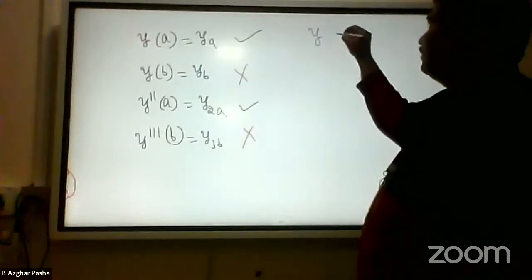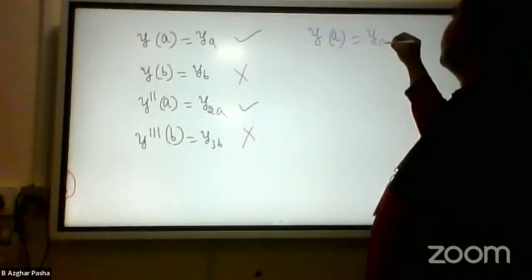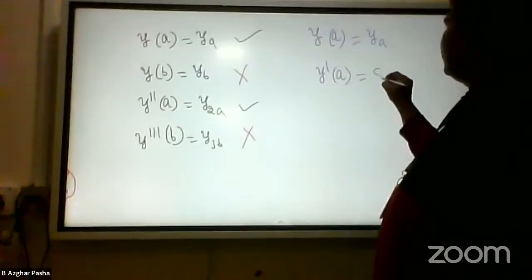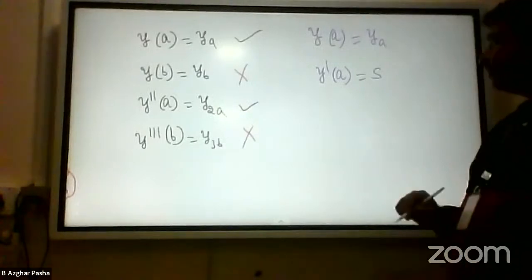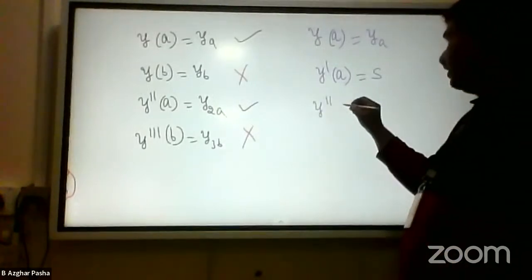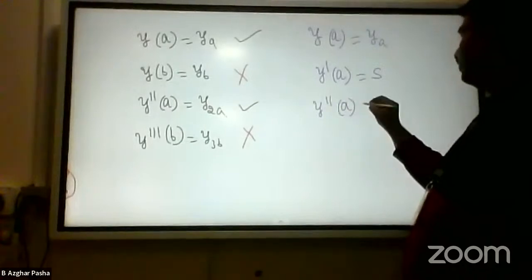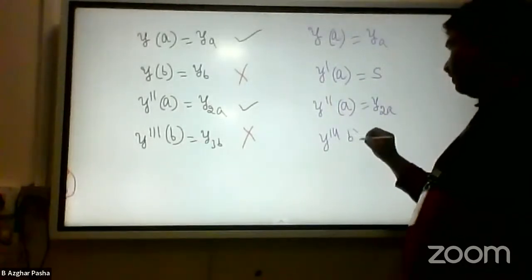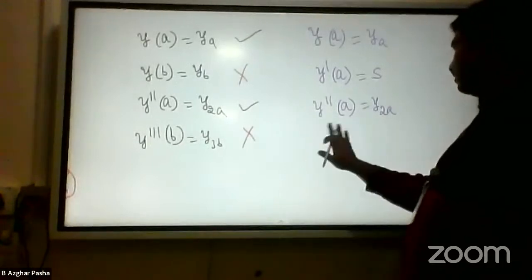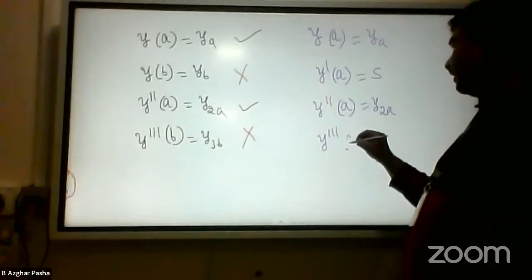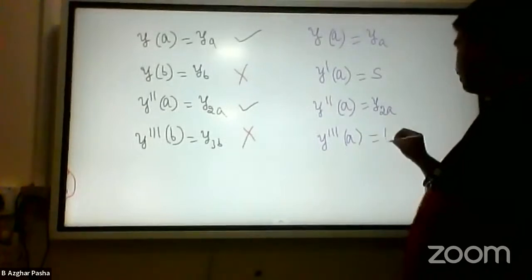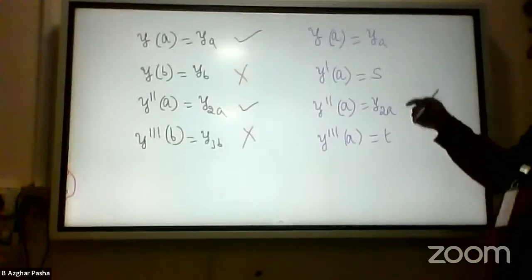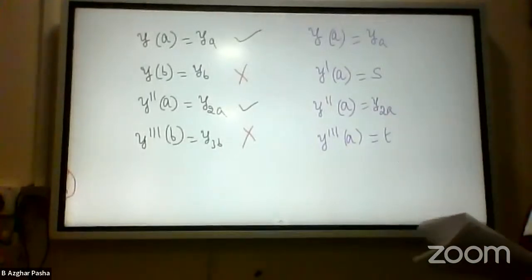So the ideal conditions must be like this. Y dash of a, I have to assume it as s. Y double dash of a, no problem, y2a. Y triple dash at a is equal to t. I have to improve these two values.